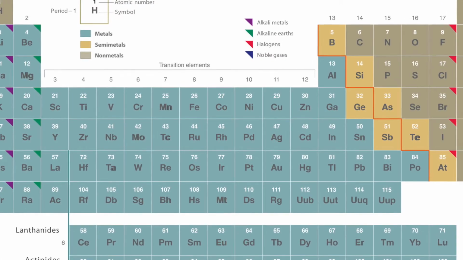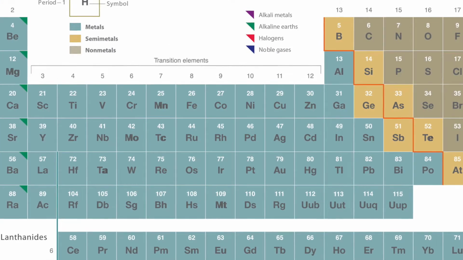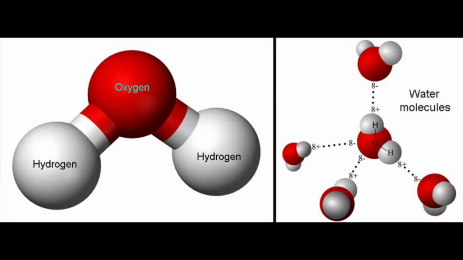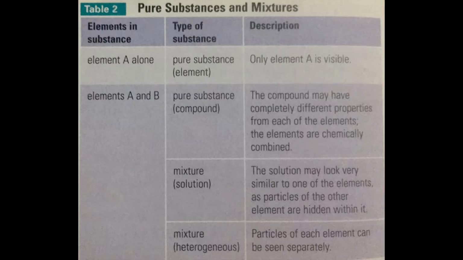Elements are pure substances that cannot be broken down into simpler substances. Water, which is formed from two of these elements, hydrogen and oxygen, is called a compound. Compounds are pure substances that contain two or more different elements in a fixed proportion. They're formed when elements combine together in chemical reactions. For example, in water, there are always twice as many particles of hydrogen as particles of oxygen.